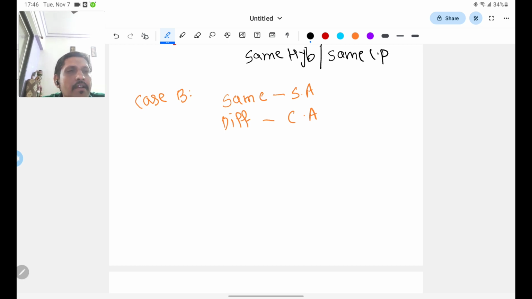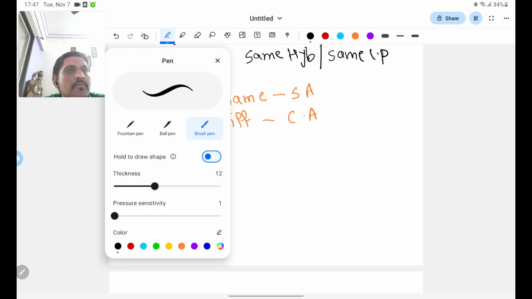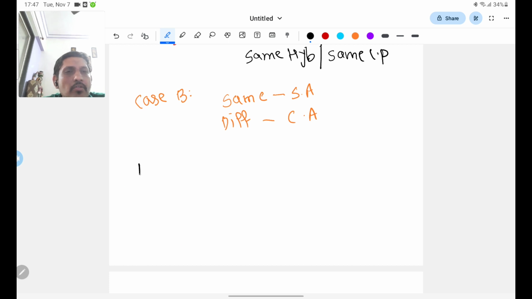We have the same side atom but different central atoms. So what will happen over here? In this case, because we have different central atoms and the same side atom, the rule says: greater the electronegativity of your central atom, more will be the bond angle.